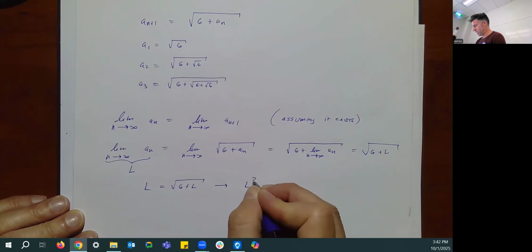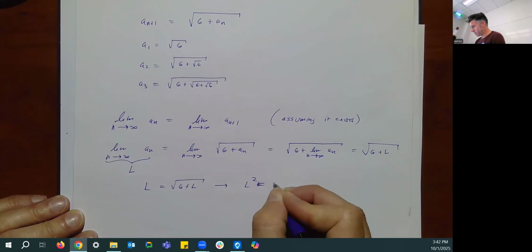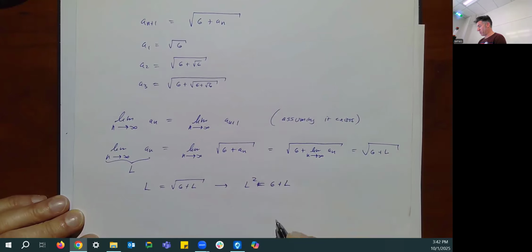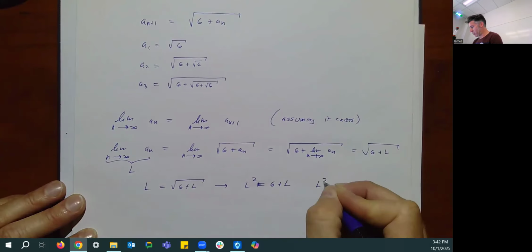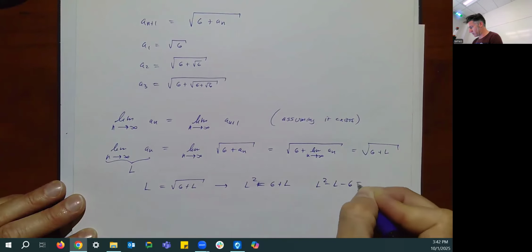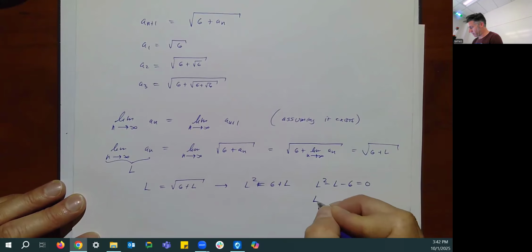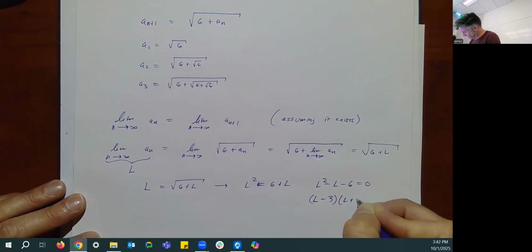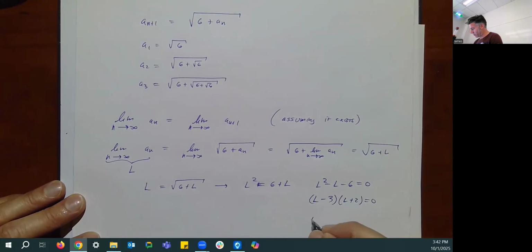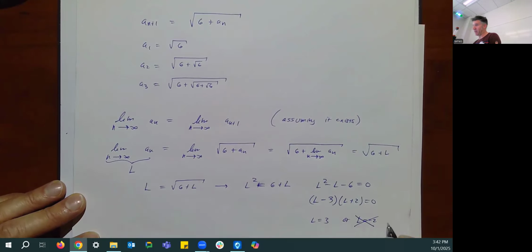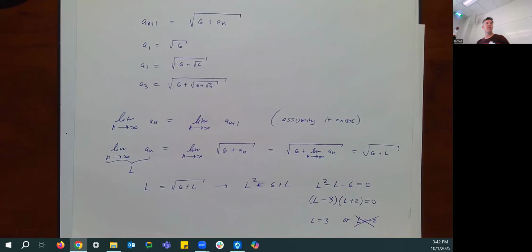We square both sides. We bring everything to one side. You get L squared minus L minus 6 equals 0. You do factor this because it's not stupid numbers that I came up with. And you either get L equal to 3 or L equal to -2. Clearly, -2 is not the limit. So 3, if the limit exists, is what the limit is equal to.